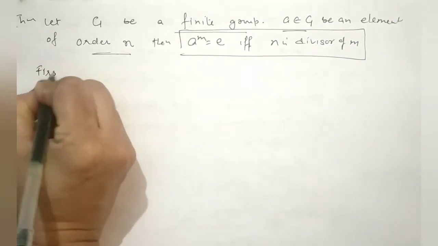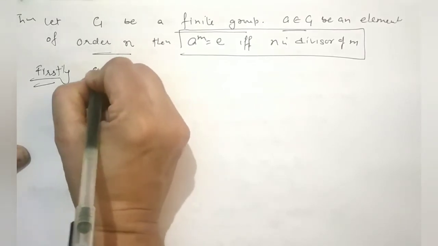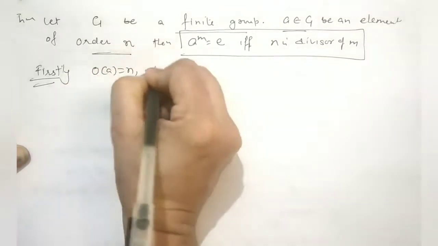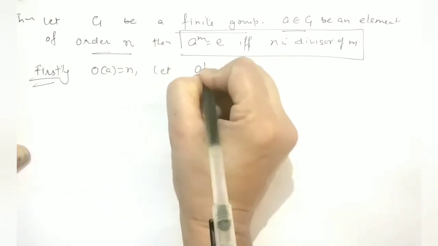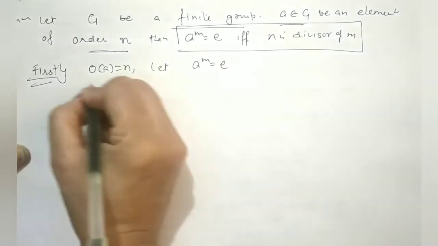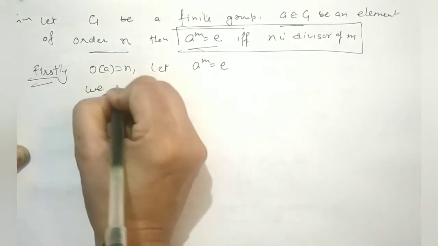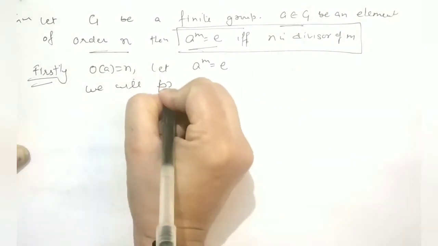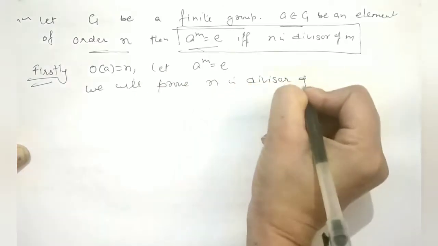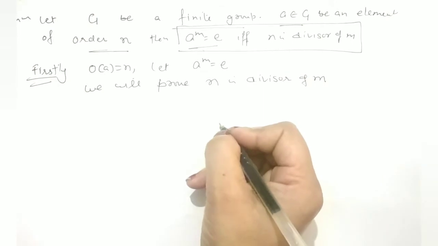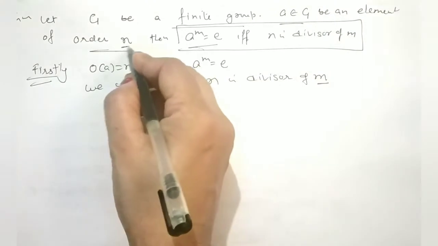Firstly, let the order of a be n, it is given. Let us take, for one thing, that a raised to power m is the identity. So this we have taken. Now we will prove that n is a divisor of m. Now these are two integers, m is an integer, n is also an integer.